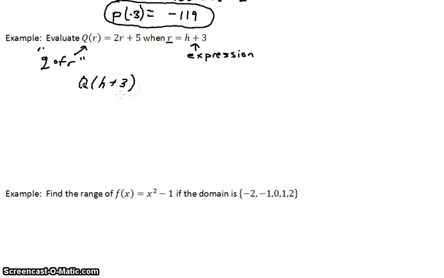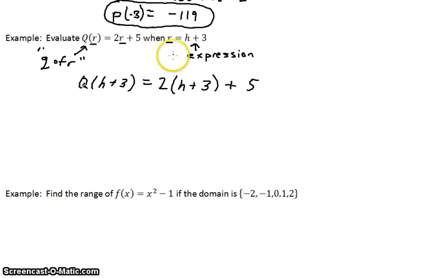So I need to replace wherever I see R with this h plus 3. So this 2 times r is going to instead be times h plus 3 plus 5.